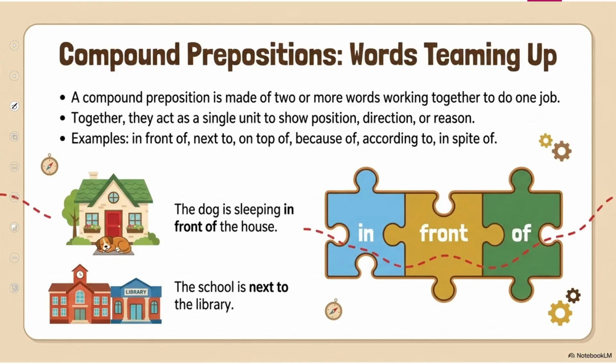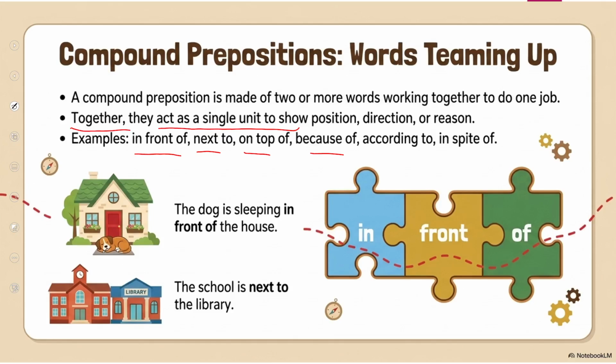Then we have compound preposition, in which we have more than one word, and when it works together like a preposition, we call it compound preposition, like in front of, next to, on top of, because of, according to, in spite of. When we combine these words, they act as a single unit to show position, direction or reason.